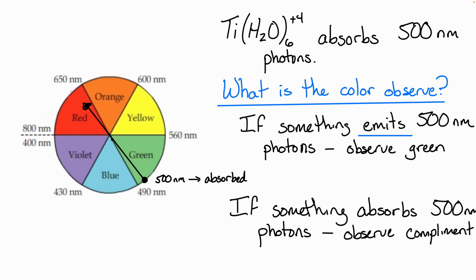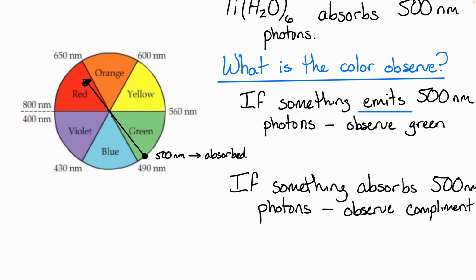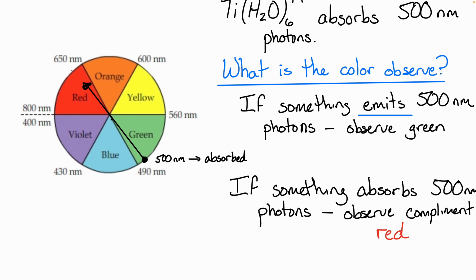So this complex here would appear red, kind of reddish orange sitting in the middle there. We would observe the complement of green, which is red. So it absorbs on one side of the wheel, and what we observe is, again, what we call the complement, meaning it's on the opposite side of the wheel.